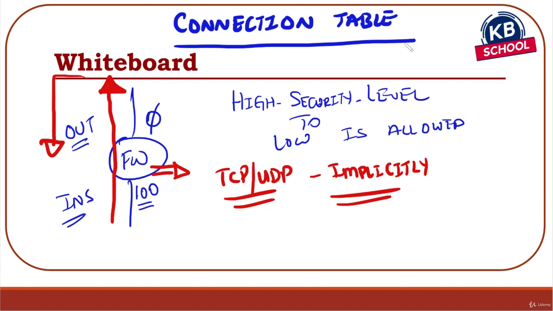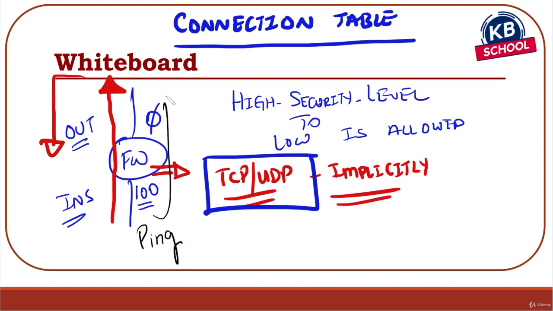So by default, all traffic going from high to low is allowed, and not only that, it's inspected, but it's only inspected implicitly for TCP and UDP. So if you sit on the inside and try to do a ping, although the ping will go out because all traffic is allowed from high to low, because it was not inspected, there won't be any entry for the return traffic, so it will be blocked coming back because there's no connection entry.